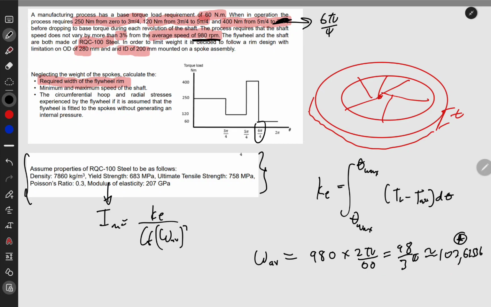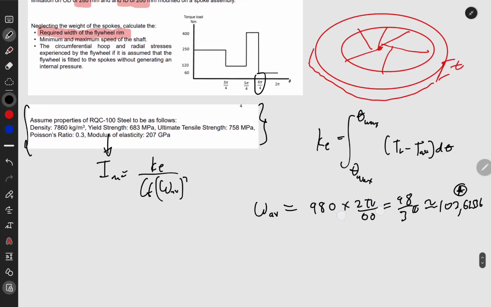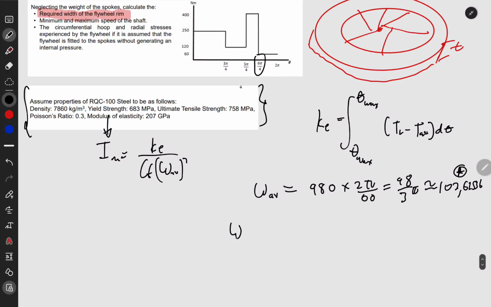Also they gave us that it varies 3%, so this omega can be 3% more or 3% less. So we've got our omega min, it's going to be 97% of this one, because it will be 3% less.